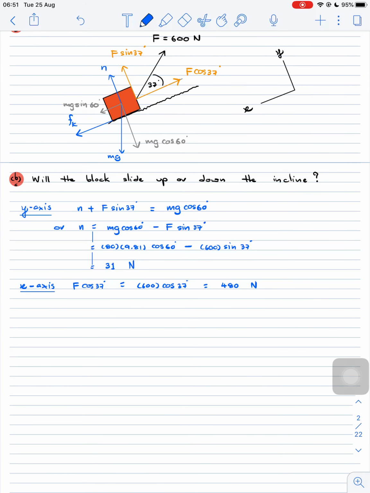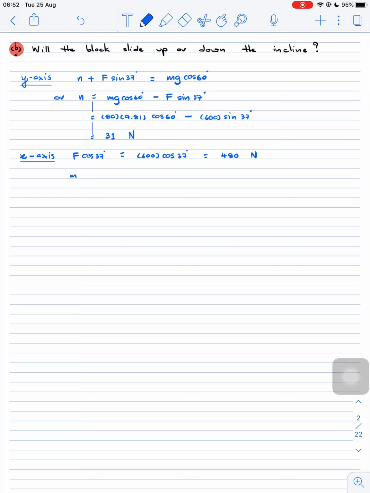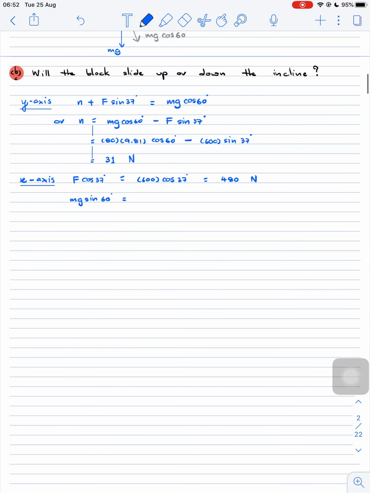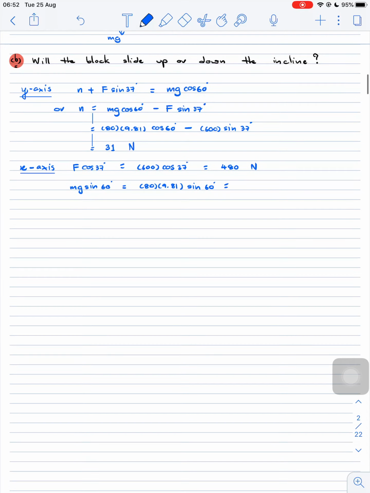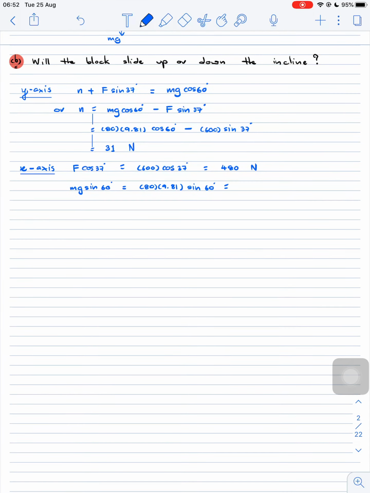Now this one, the mg sine 60. We have the mass of 80 times g, 9.81, times the sine of 60 degrees. In this case, it's going to be equal to 6x0 Newtons.